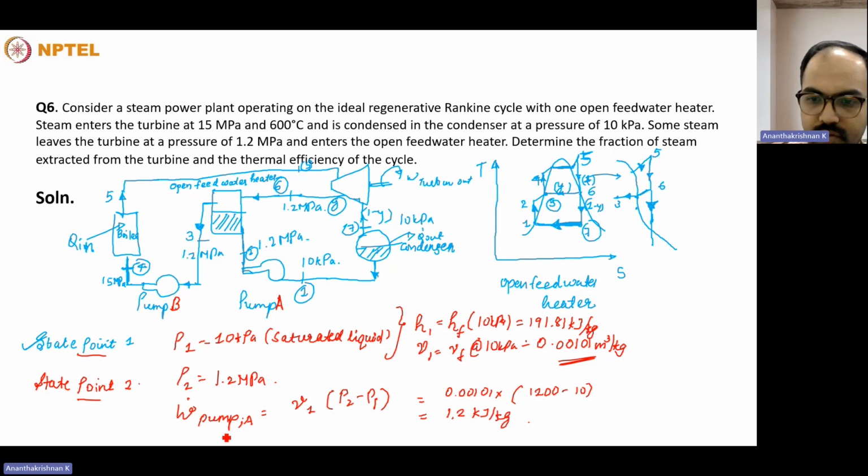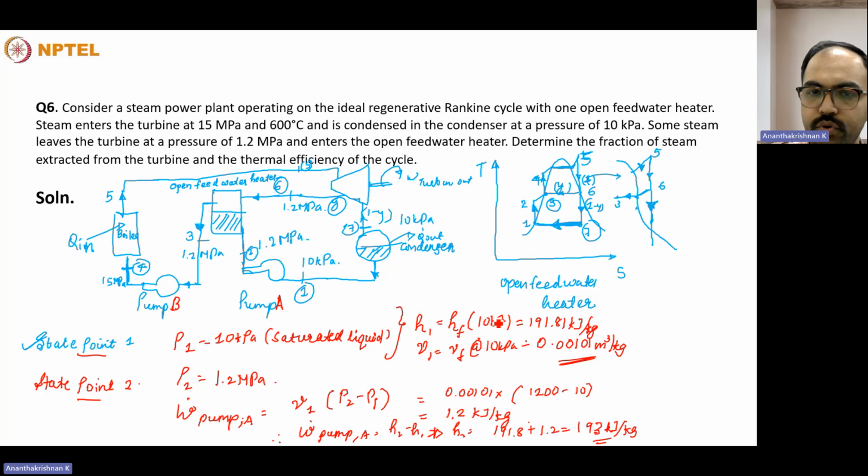And from here, work done in pump A will be equal to H2 minus H1, and from there H2 will be equal to 191.8 plus 1.2, that will be equal to 193 kilojoule per kilogram. So that is there.